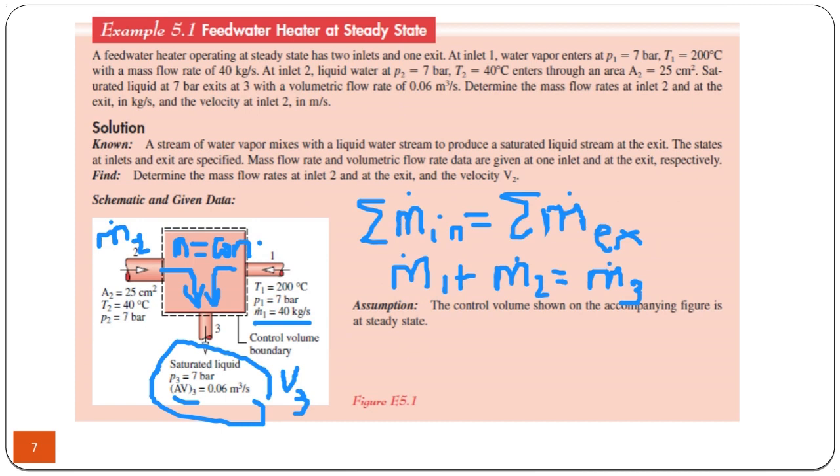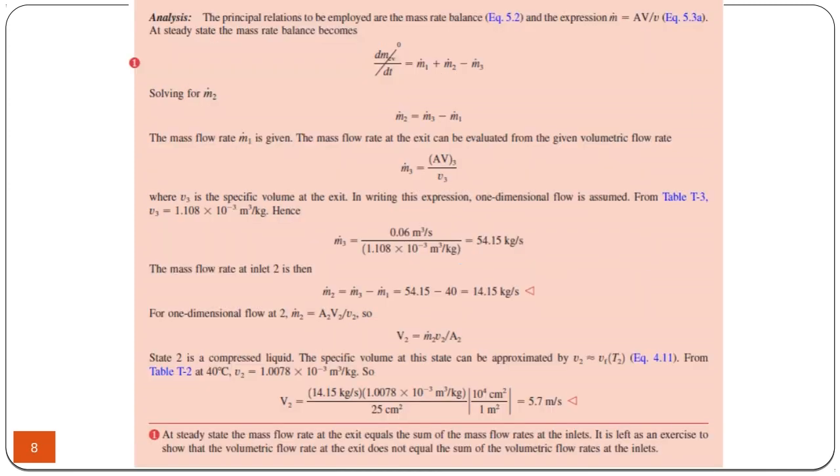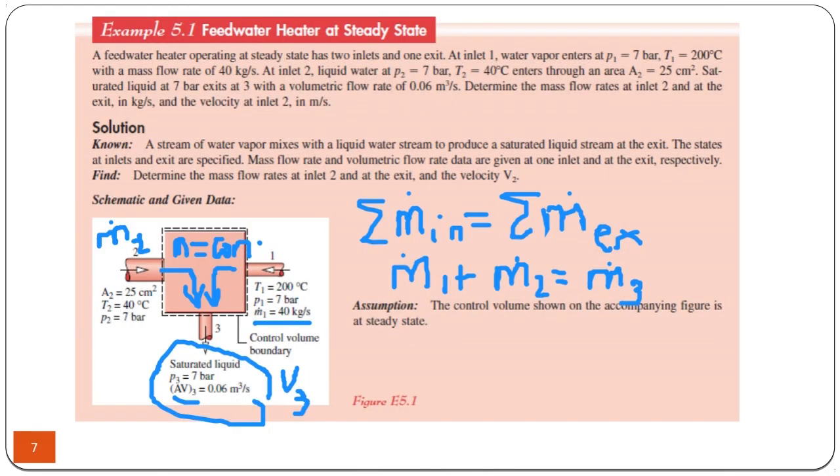So this is given, and the specific volume can be found from the table, because as you can see, the properties at the exit are given to you as 7 bar. So it's saturated liquid.